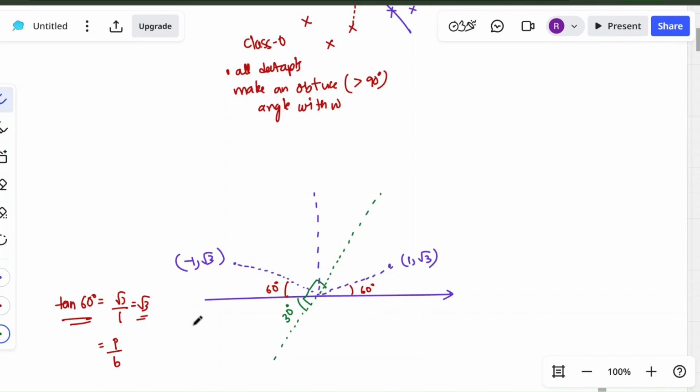And also let me mention that this part is 90 plus 60, which is 150 degree. So this entire thing is 150 degree. Let me just write it here, 150 degree. Similarly, I can also mention that this region is 30 degree.